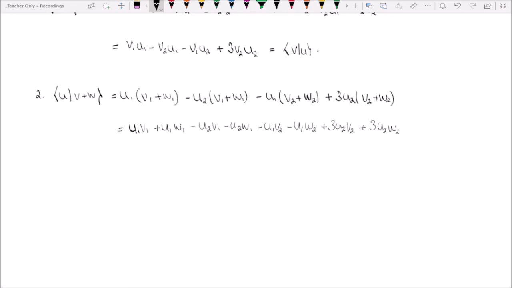Addition of real numbers is associative, so we can group however we want. Well, why not group all of the terms that involve v's? That'll give us this. And then we can add that to the grouping of the terms that involve the w's.